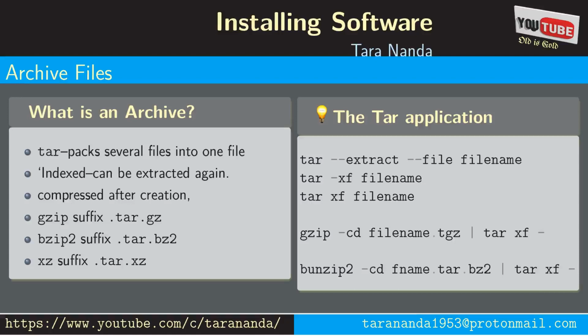A tar archive consists of a series of file objects, hence the popular term tarball, referencing how a tarball collects objects of all kinds that stick to its surface.